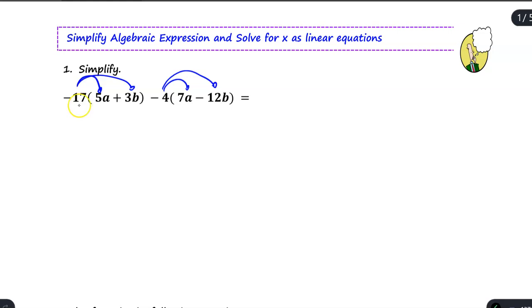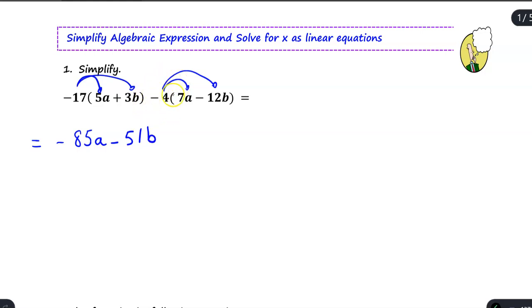If I have negative 17 multiplied by 5a, the answer should be negative 85a. Continuing, I take negative 17 and multiply by positive 3b, so the answer should be negative 51b.